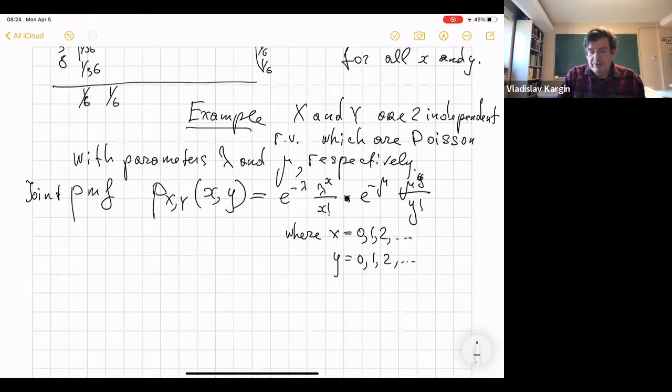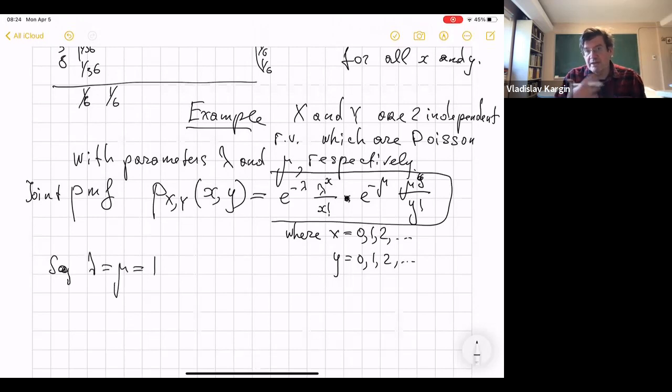And so maybe a special case, an example. Say we have lambda equal to mu equal to 1. So suppose it's one accident per day or something like that. We describe the situation.